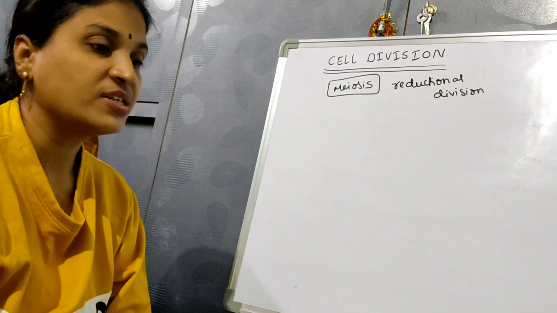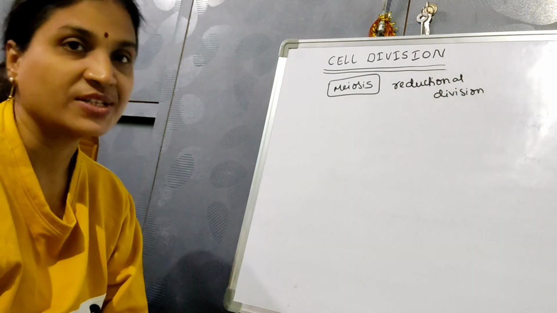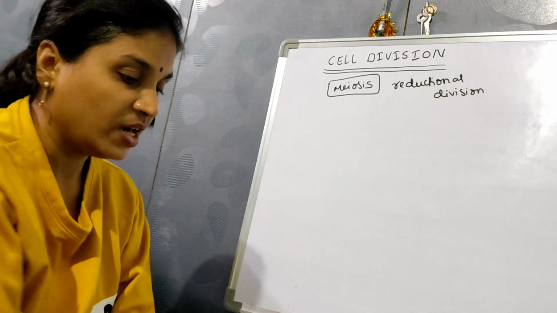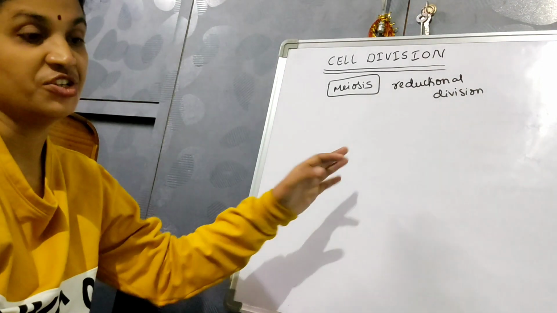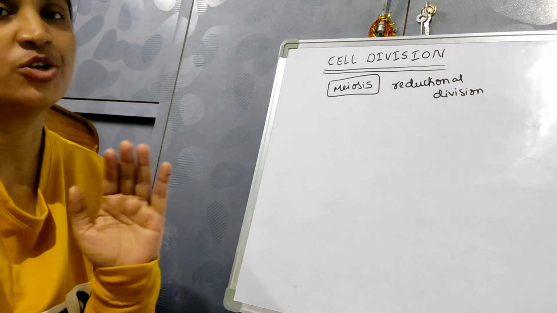Meiosis can be explained in two stages, meiosis 1 and meiosis 2. Meiosis 1 is mainly called reductional division. Meiosis 2 is similar to mitosis.